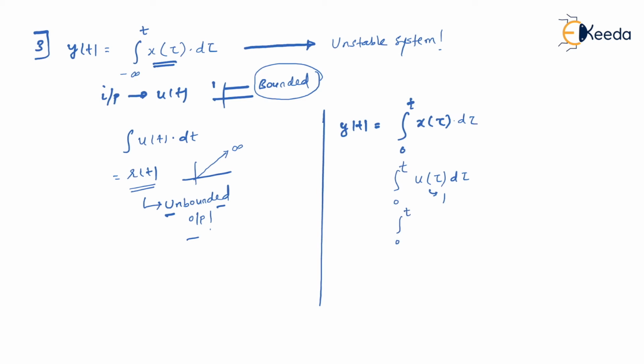So it is just an integration from 0 to t, 1 d tau. And what is integration of 1? Of course, it is t. So answer is t. And if you plot t, again it is a ramp signal with slope value equal to 1. So again this is unbounded only. So integrator system will always be an unstable system only, right?